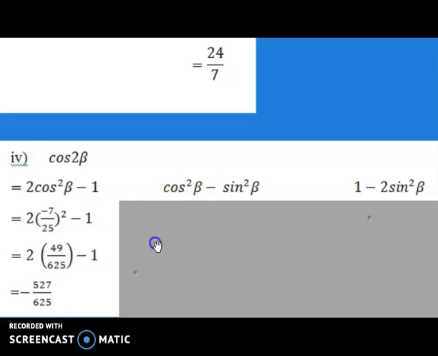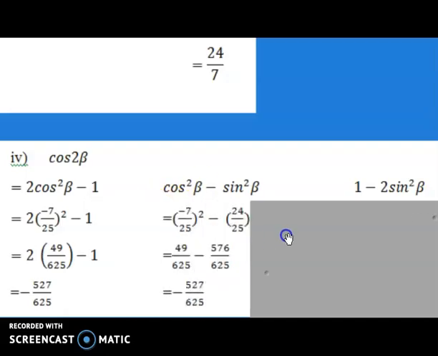If we choose to do cos square beta minus sine square beta, we have negative 7 over 25 squared minus positive 24 over 25 squared, and our answer still comes to negative 527 over 625.